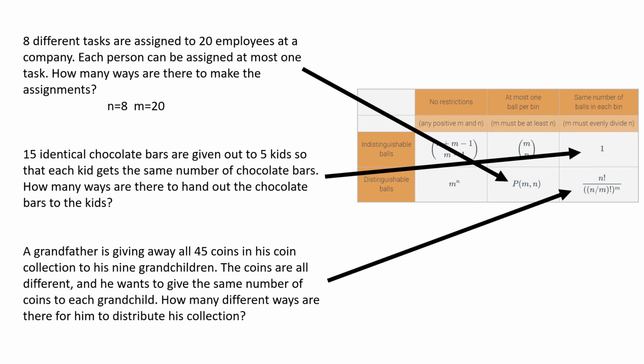You're going to be thinking through all of those other categories that we've already talked about. Okay, and there will be, I believe, only one problem that is a balls and bins problem, and so you'll have to figure out which of these formulas to use for it.